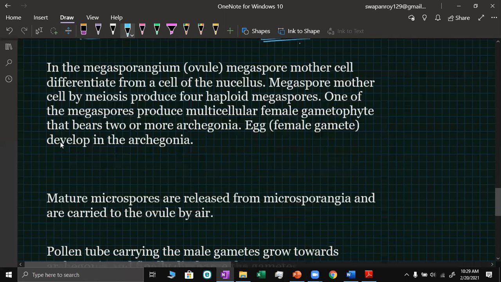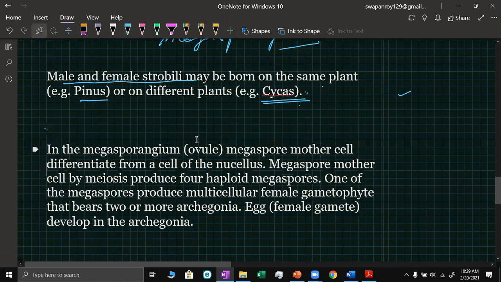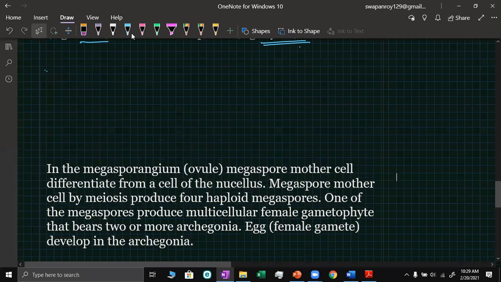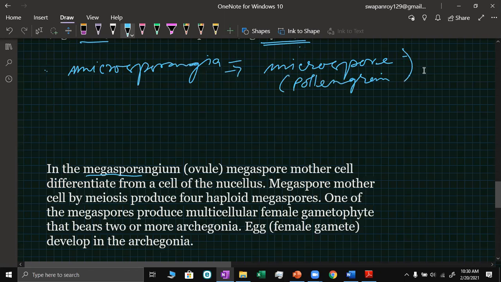Male cones, within the microsporangia, produce the microspore, that is the pollen grain, and it is released and carried by air.